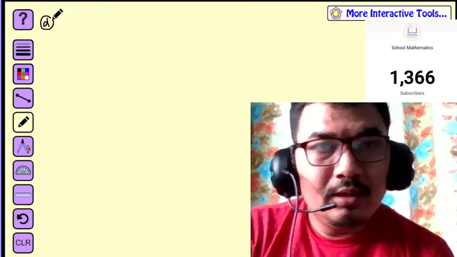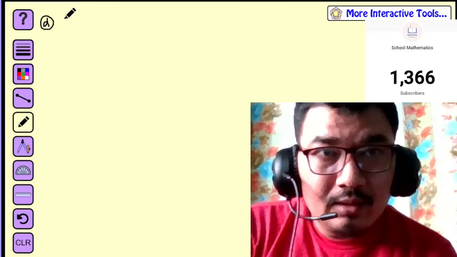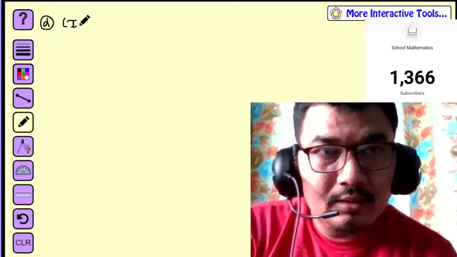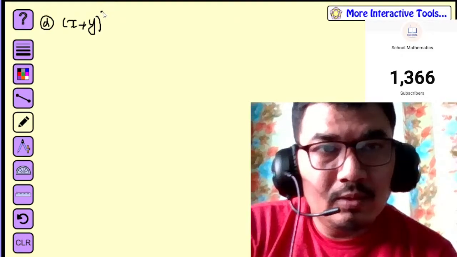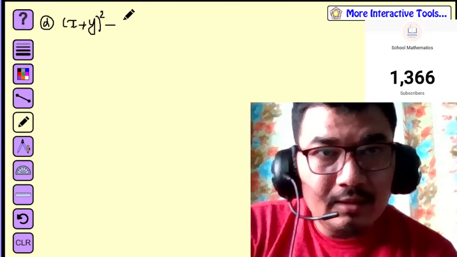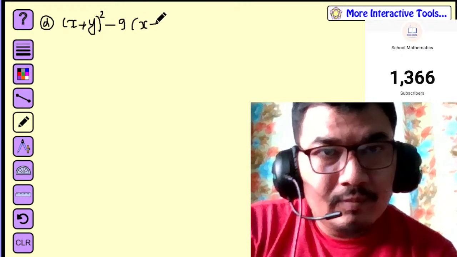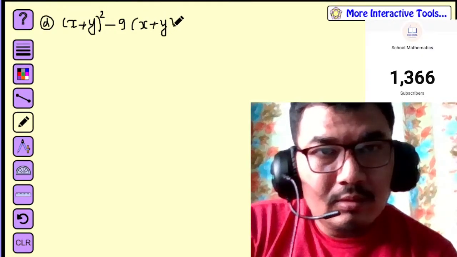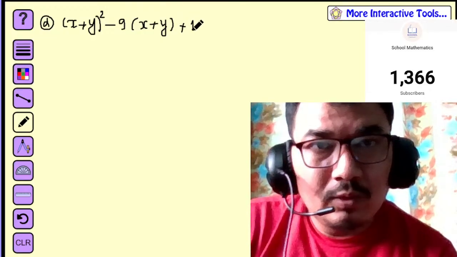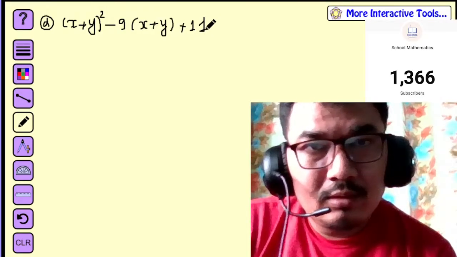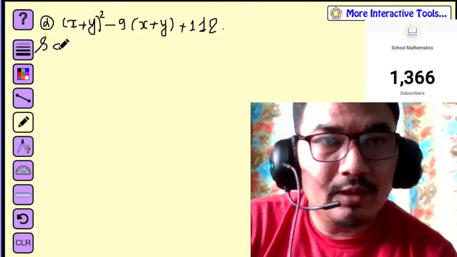The question is: x plus y, bracket close, whole square, minus 9 multiplied by x plus y, plus 112 given there. This type of question, how to factorize, look, I want to show you here.